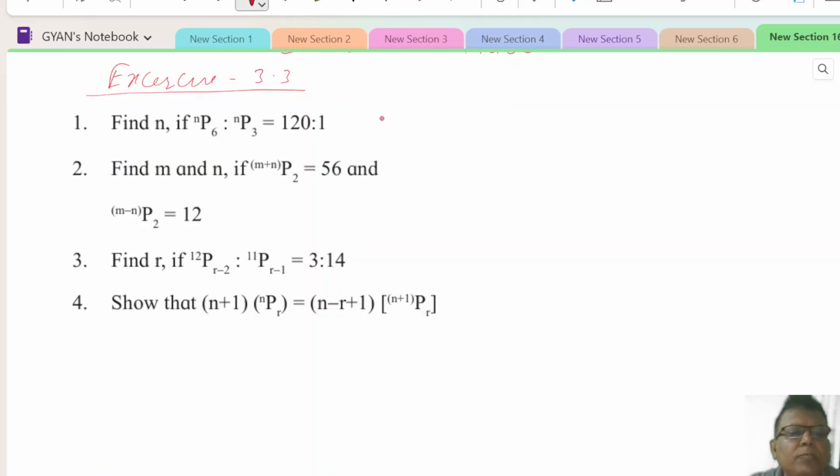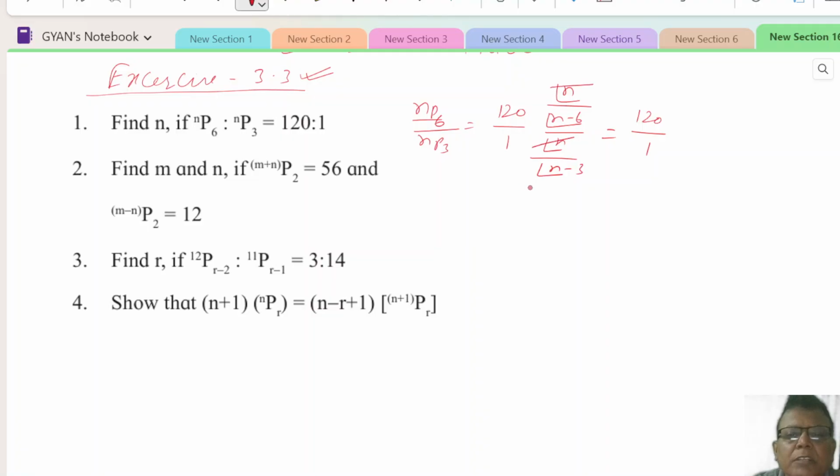Now we'll solve a few questions from exercise 3.3. nP6 divided by nP3 equal to 120 by 1. So nP6 means factorial n divided by factorial n minus 6, and factorial n divided by factorial n minus 3 is equal to 120 by 1. So this one gets cancelled.